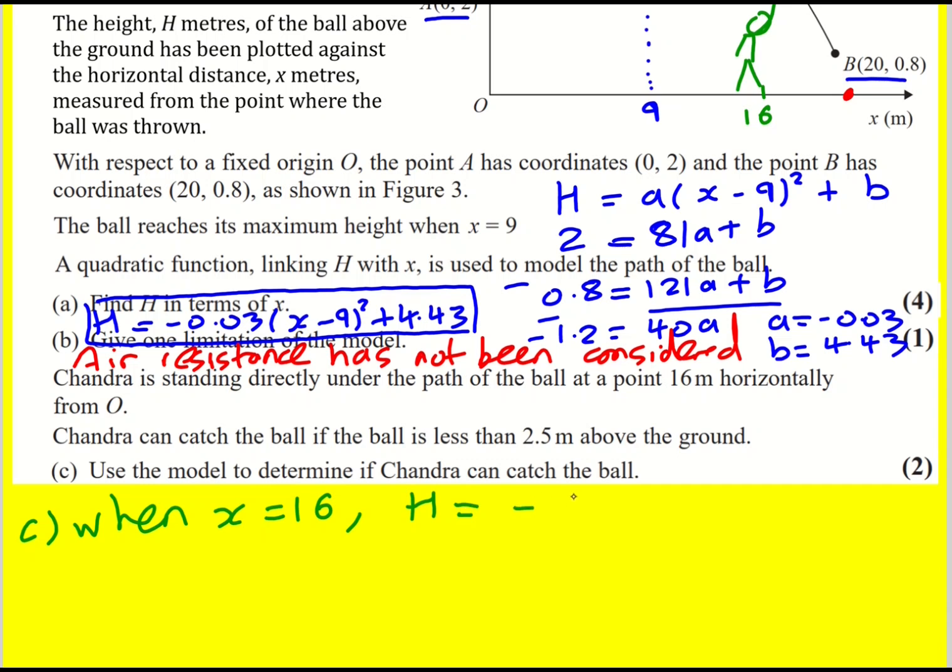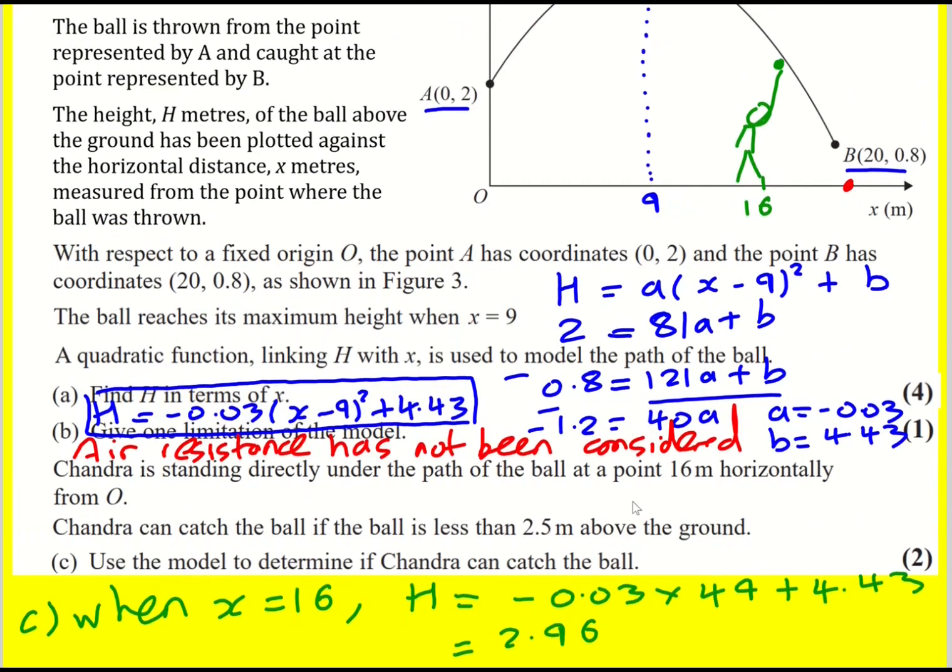So you just have to substitute in. We're going to get minus 0.03 multiplied by, you put it in your calculator like this, 16 minus 9 is going to be 7, so we're going to be timesing by 49, then adding 4.43. And this ends up giving us 2.96. So actually, it's above that height at which Chandra can catch the ball. So in fact, this probably was a decent representation.